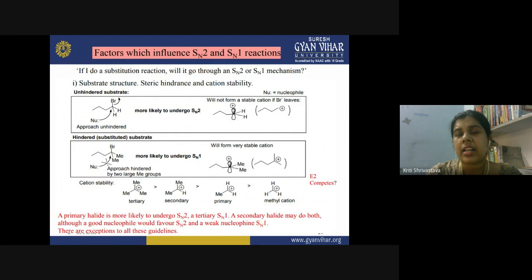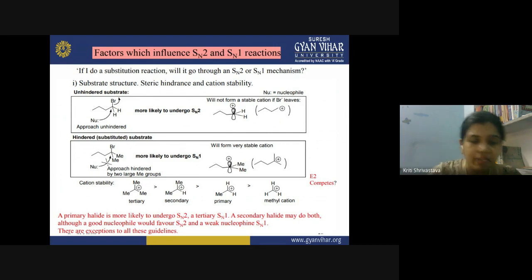Like we have seen right now, if the carbon atom on which the nucleophilic attack has to take place is sterically crowded, in that case the SN1 reaction will be preferred, because it is not possible for the incoming attacking reagent to attach to the carbon while the leaving group is still present on the carbon.